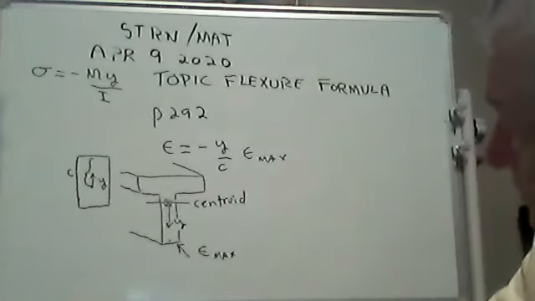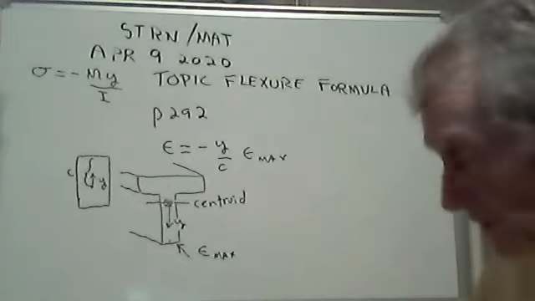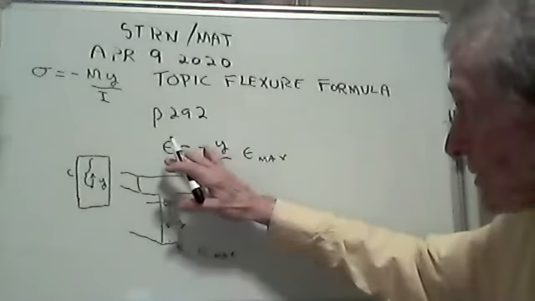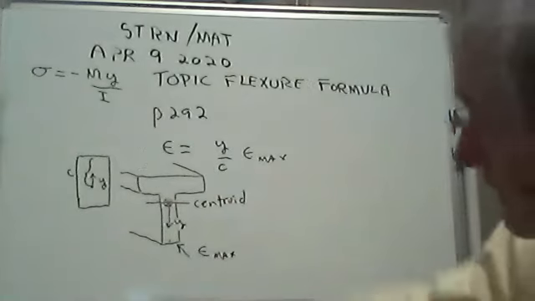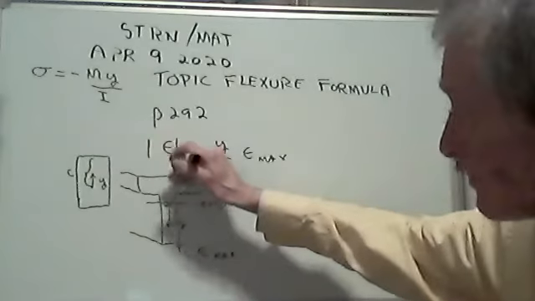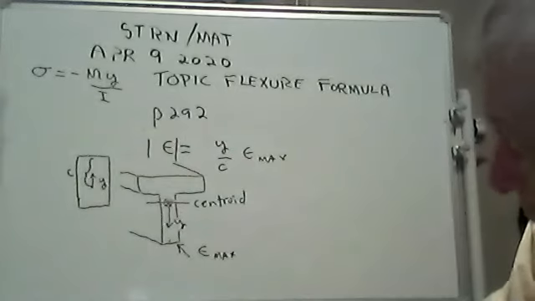That minus takes care of it. So there's that formula there. Let's just say we want to look at the maximum or the absolute value. The absolute value of your strain is given by that equation there. Okay, great.